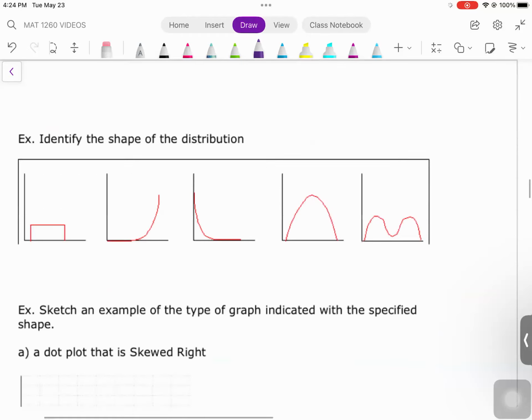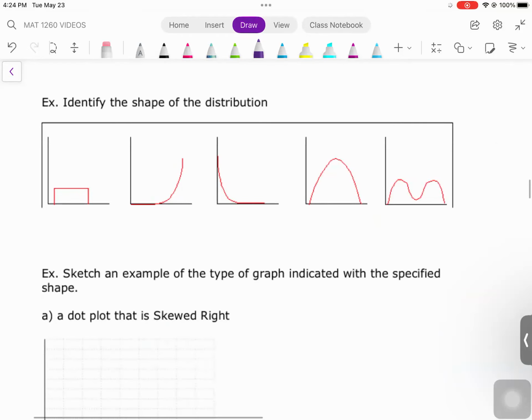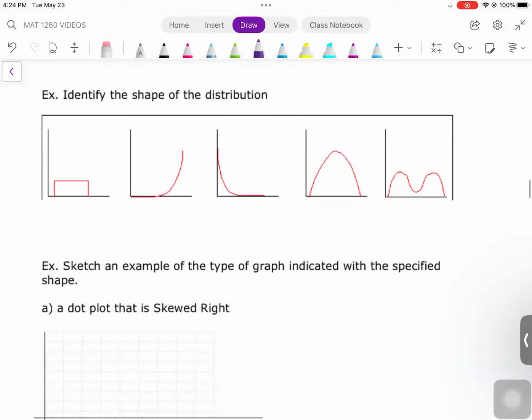So let's look at some different graphs and try to identify their distribution. The first is a rectangle, so this is our uniform distribution.